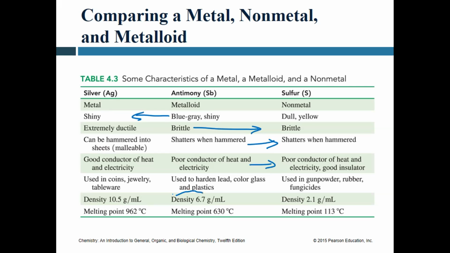And then there are some properties that are truly in between. The density of a metalloid kind of fits between metal and non-metal. Melting point fits between metal and non-metal. And so you do have some advantages and disadvantages in each direction.